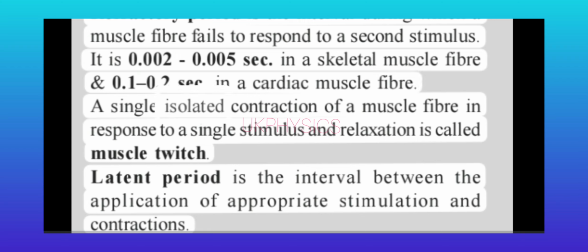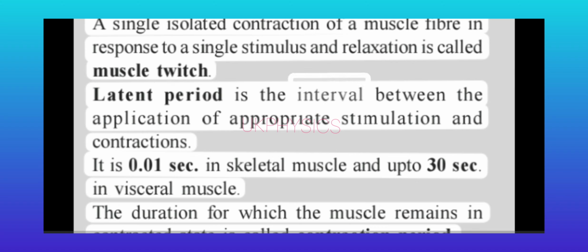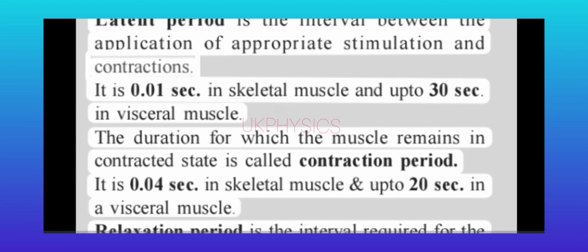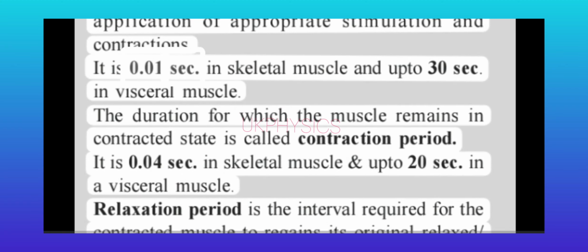A single isolated contraction of a muscle fiber in response to a single stimulus and relaxation is called muscle twitch. Latent period is the interval between the application of appropriate stimulation and contraction. It is 0.01 seconds in skeletal muscle and up to 30 seconds in visceral muscle.